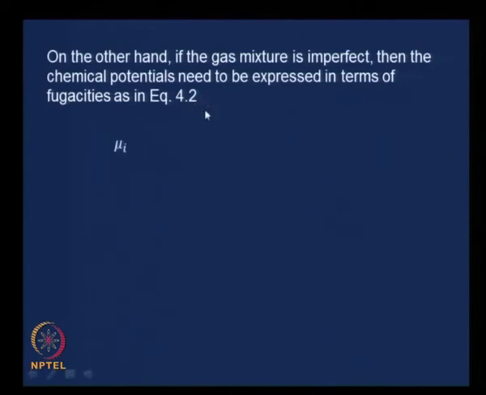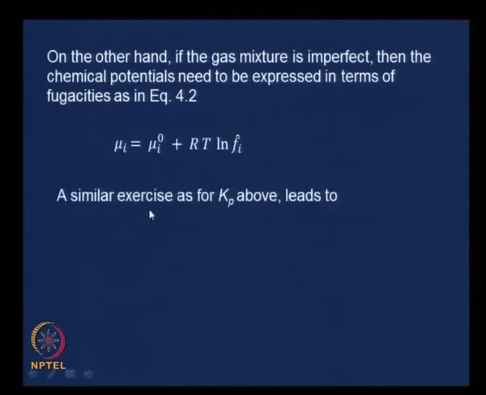This was given in equation 4.2. Chemical potential in terms of fugacities: mu I equals mu I naught plus RT ln Fi hat. So, replace fugacities wherever there were partial pressures earlier, and I would leave this for you to do as a homework.